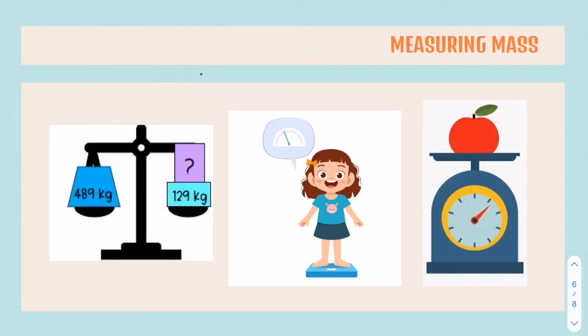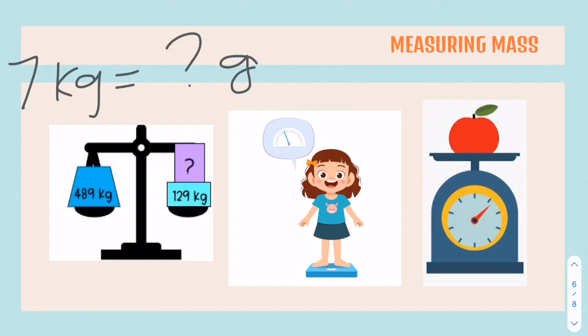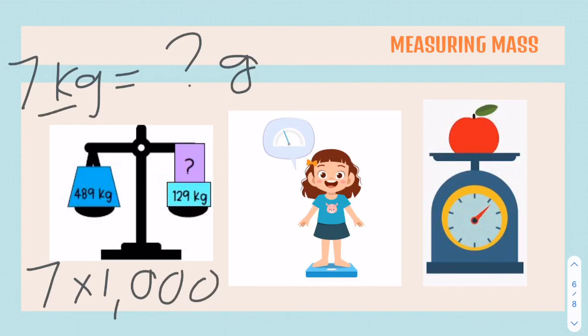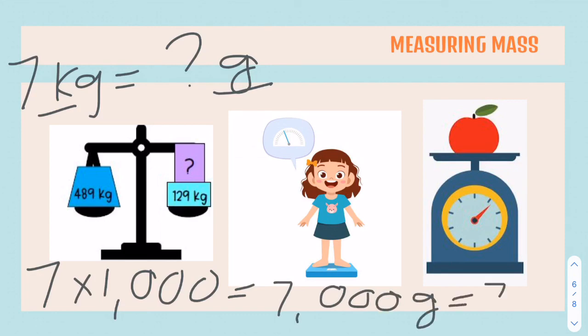So more likely than not, they would say 7 kilograms is equal to how many grams. To figure that out, you could do 7 times 1,000, because there are 1,000 grams in 1 kilogram, to say there are 7,000 grams in 7 kilograms, because there's going to be a ton of little paper clips to add up to that textbook.